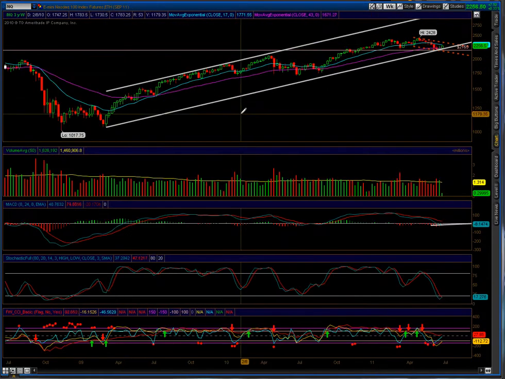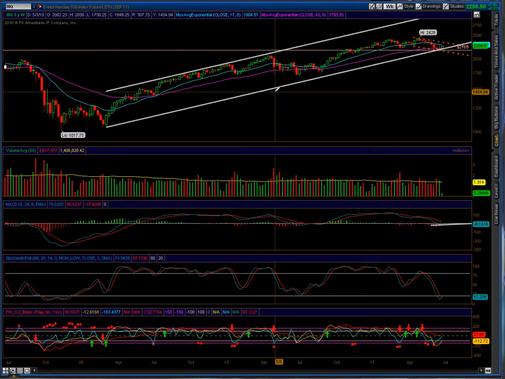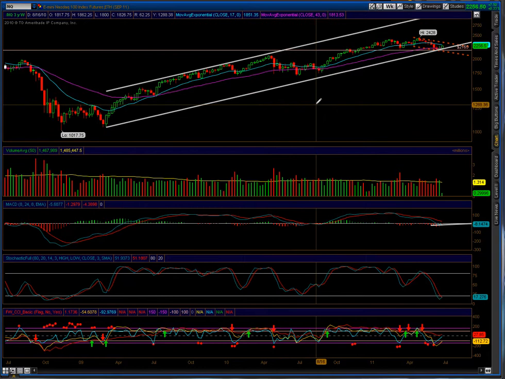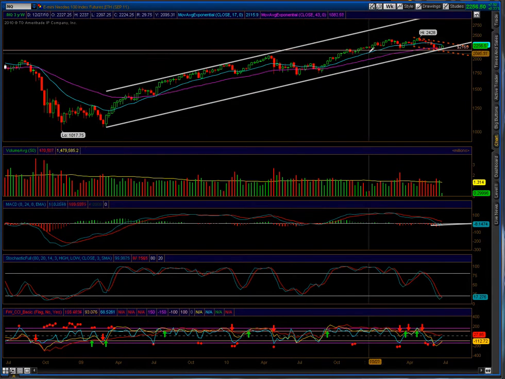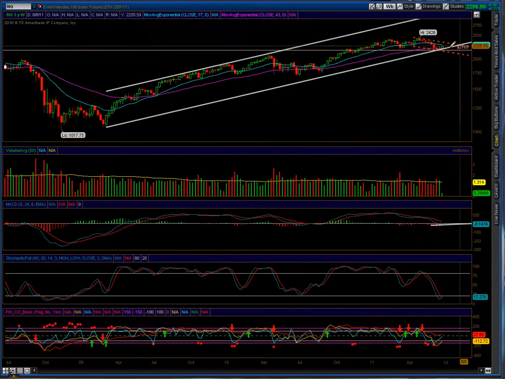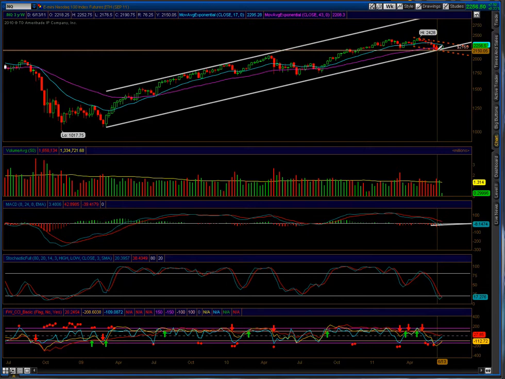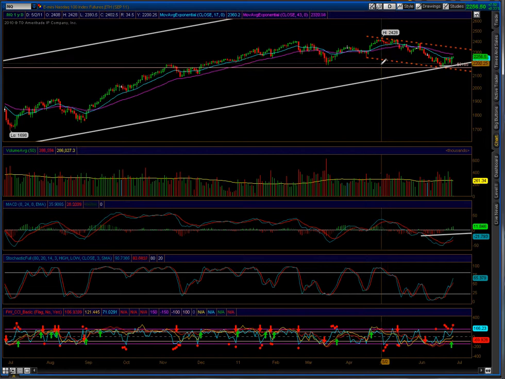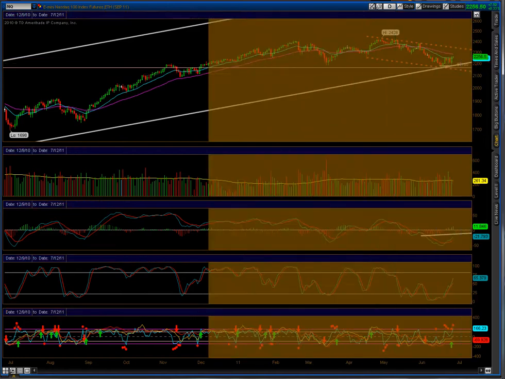Okay, so this is the weekly chart of the NQs, which is the Nasdaq 100 futures. Again, you can see this uptrend channel. We're testing the bottom of the uptrend channel, and we're bouncing right off of it. Let me move on to the daily chart and zoom in.